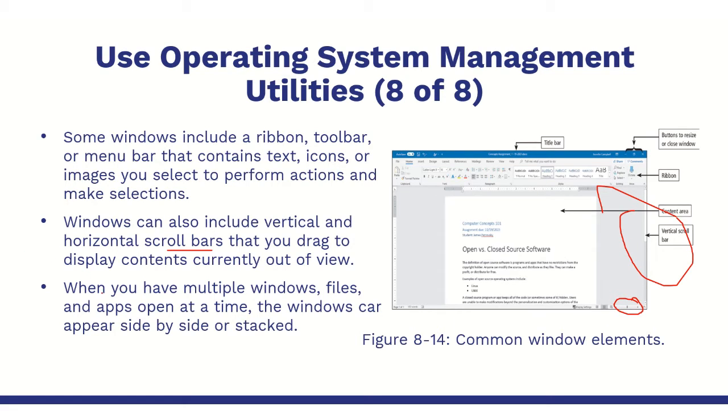When you have multiple windows, files, and apps open at a time, the windows can appear side by side or stacked. It depends on how you want to display them. There are multiple display options.